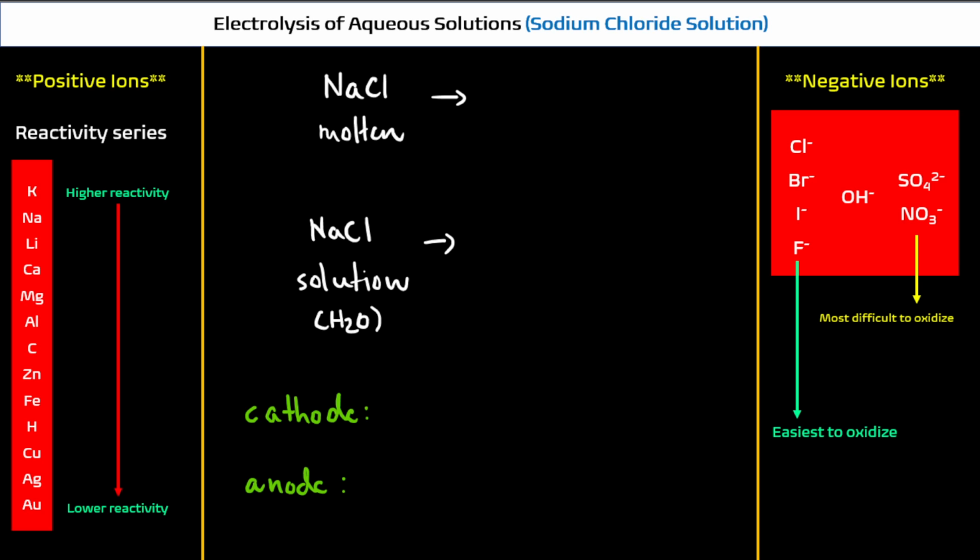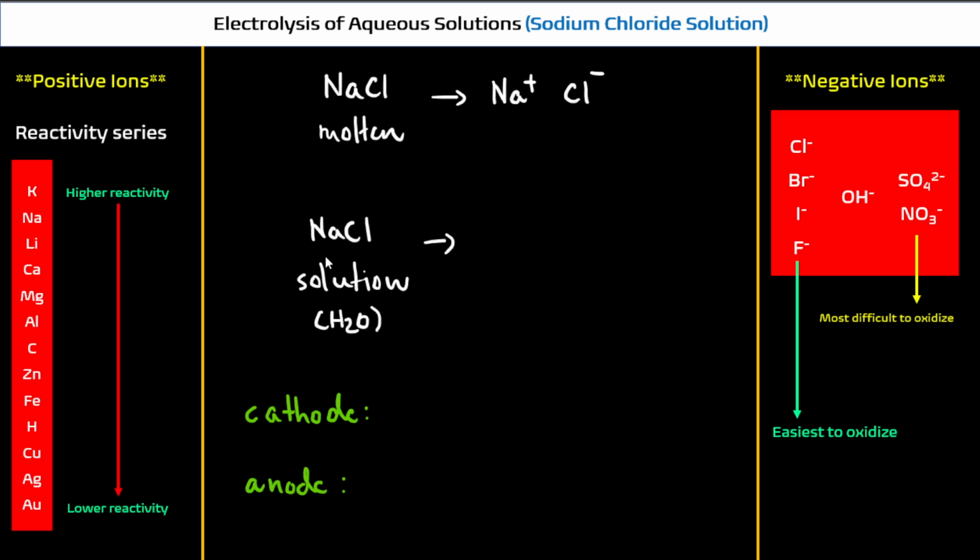So the difference between molten sodium chloride and aqueous sodium chloride is that when it was molten, the only ions included were Na plus and Cl minus.